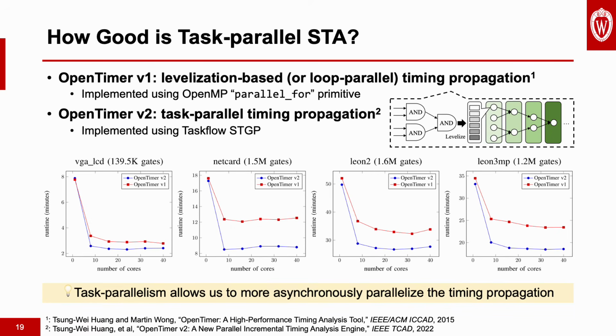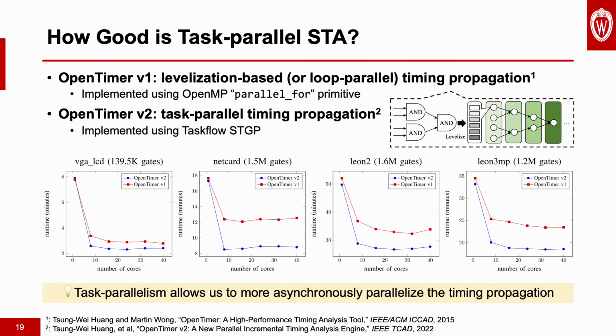We have implemented this task parallel propagation in an open source library called OpenTimer v2, while v1 was implemented using OpenMP to carry out the widely used levelization-based, or loop parallel, timing propagation algorithm. We levelize the timing graph and apply loop parallel timing propagation level by level. From the results, we can clearly see the advantage of task parallel timing propagation.